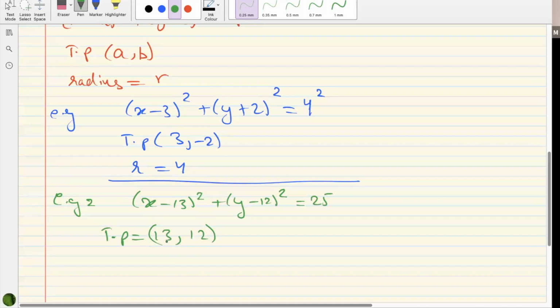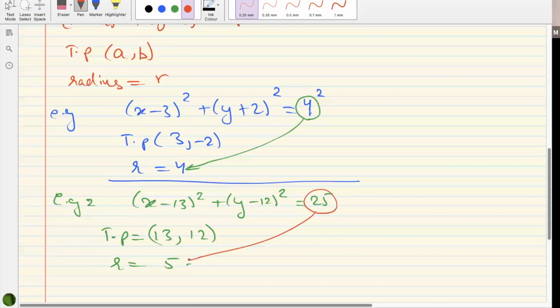Whatever the sign is, we have to change it. And radius will be 5. Are you getting it from where I'm picking the coordinates of center and radius? In the previous part, radius was 4. In this section, radius is 5, not 25, because it has to be a square.